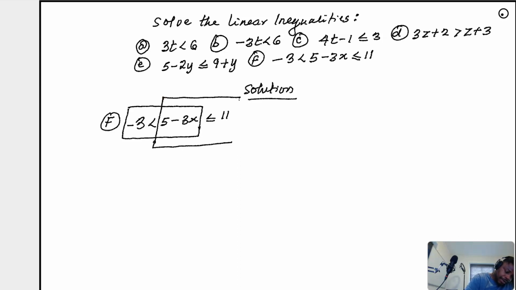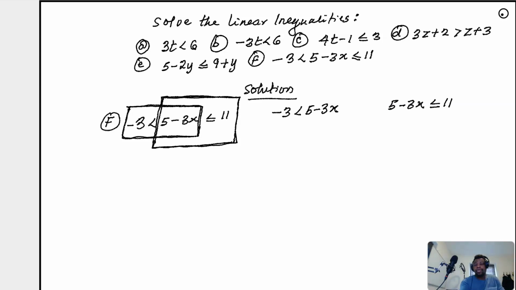So the first one you're picking is minus 3 less than 5 minus 3x. And the second one you're picking is 5 minus 3x less or equals to 11.